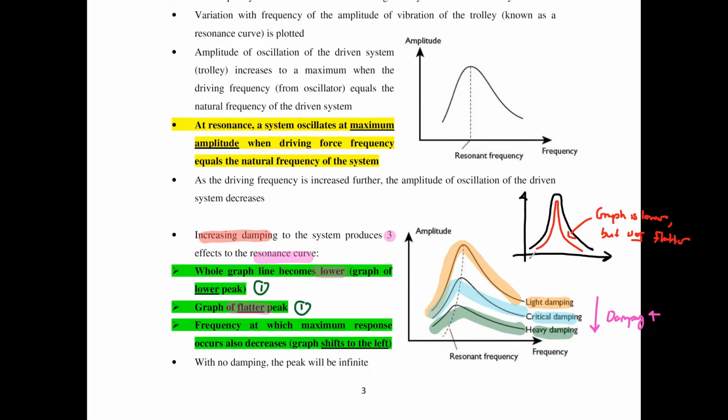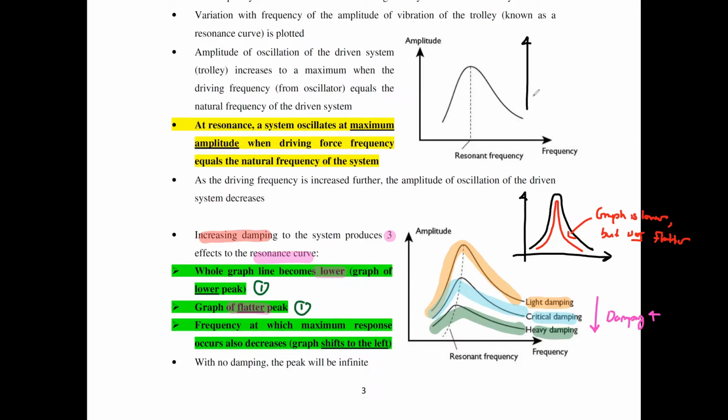Okay, you see the entire red line is actually lower than the black line. We say that the graph is lower, yes, correct, but it's actually not flatter. It's actually sharper, if anything. It's not flatter here. So when we say it's flatter, we want something like this actually.